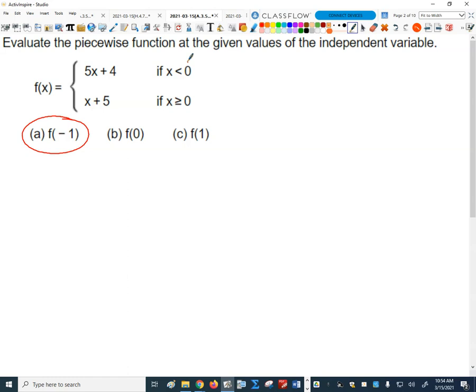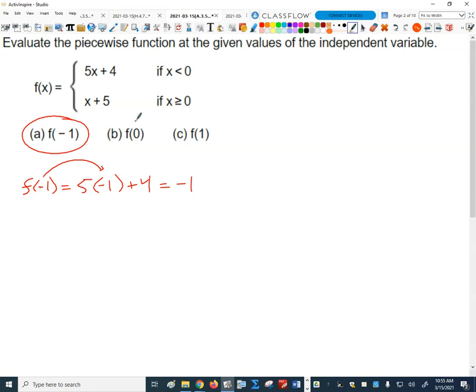Because -1 is less than 0. And so for part A here, we would get f of -1 equals, every place I've got an x in the top equation, I'm going to plug a -1 in for my x. So I get -5 plus 4 equals -1. Okay, so there's the answer to part A.